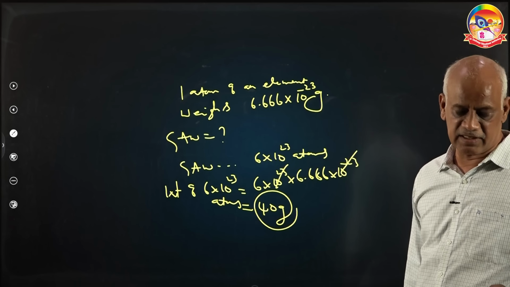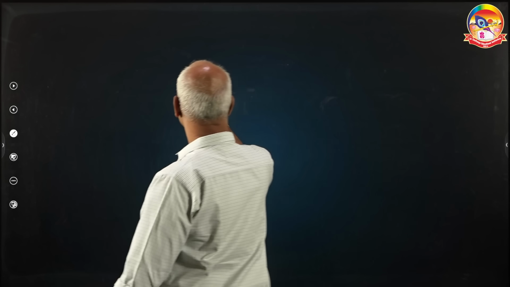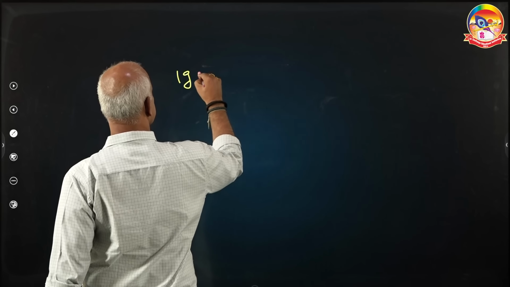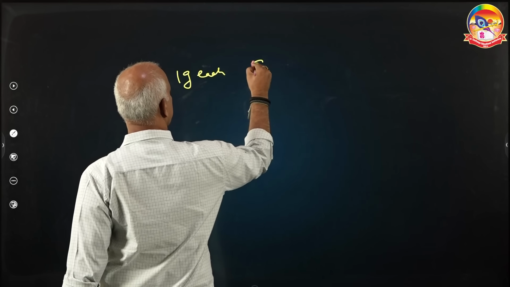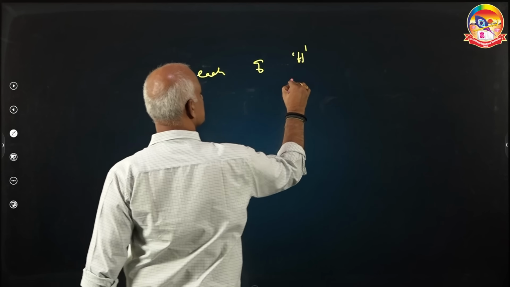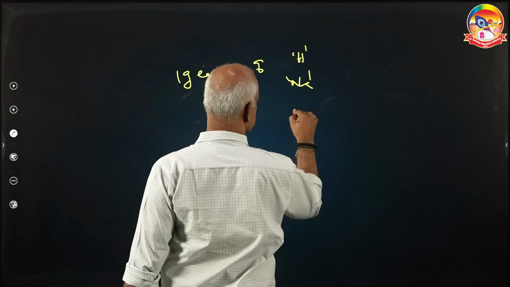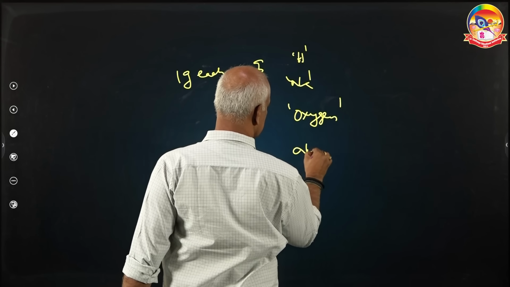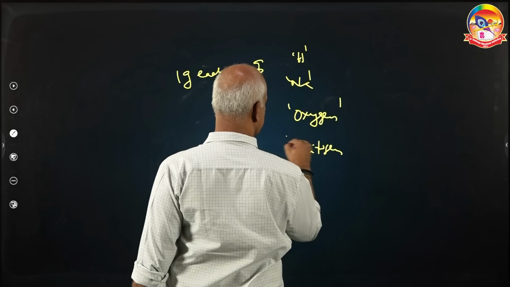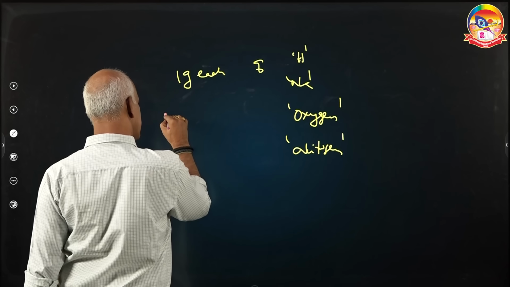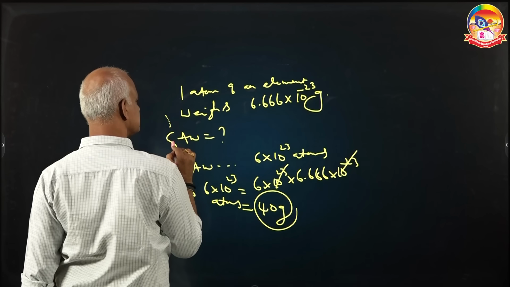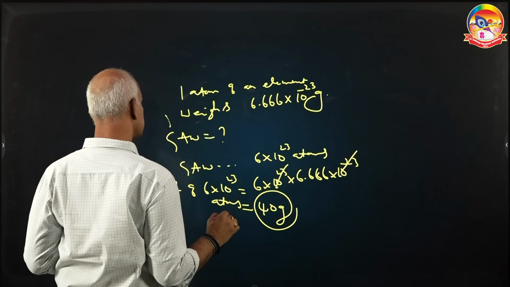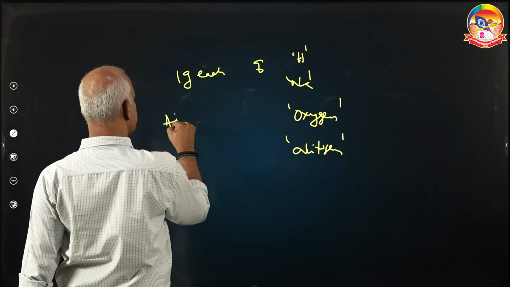This is another one. Suppose someone is giving you 1 gram each of hydrogen, sodium, oxygen, nitrogen. Atoms present in them.